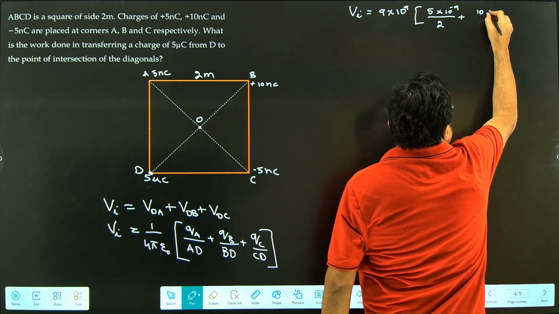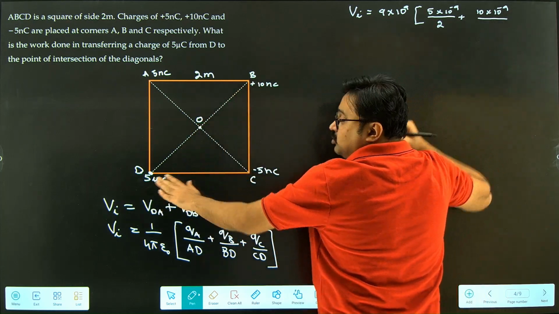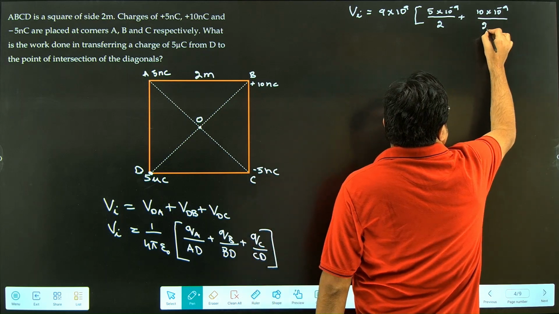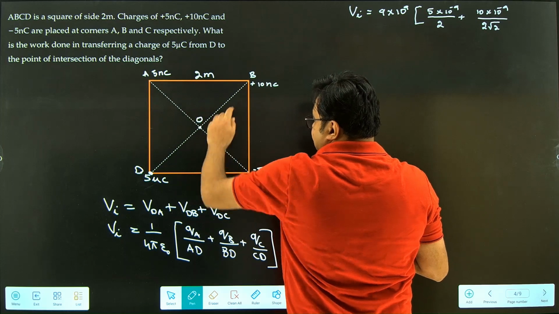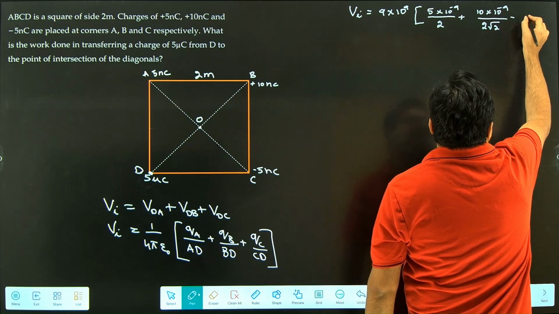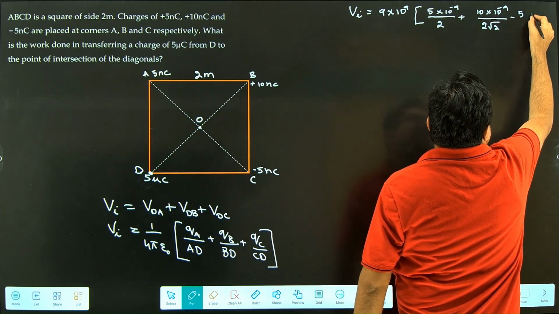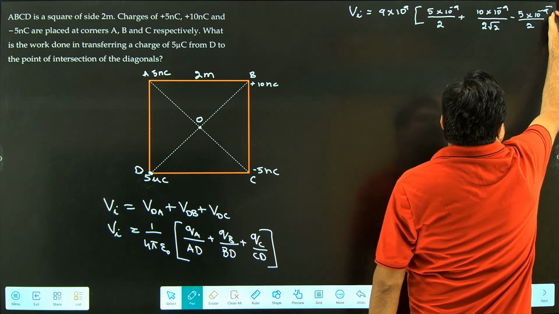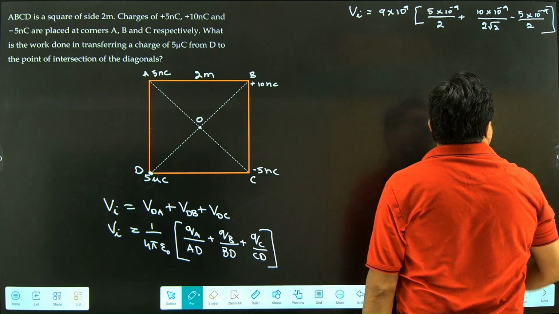A nano is 10 power minus 9, divided by BD, which is root 2 times the side because it's a diagonal. Diagonal is root 2 times longer. I would like to write 2 root 2, right? Because 2 is the side, root 2 times longer is 2 into root 2. Minus, I have minus 5 nanocoulomb. That's 5 into 10 to the power of minus 9 divided by 2, because the distance to point D from the minus 5 nanocoulomb charge also is 2.